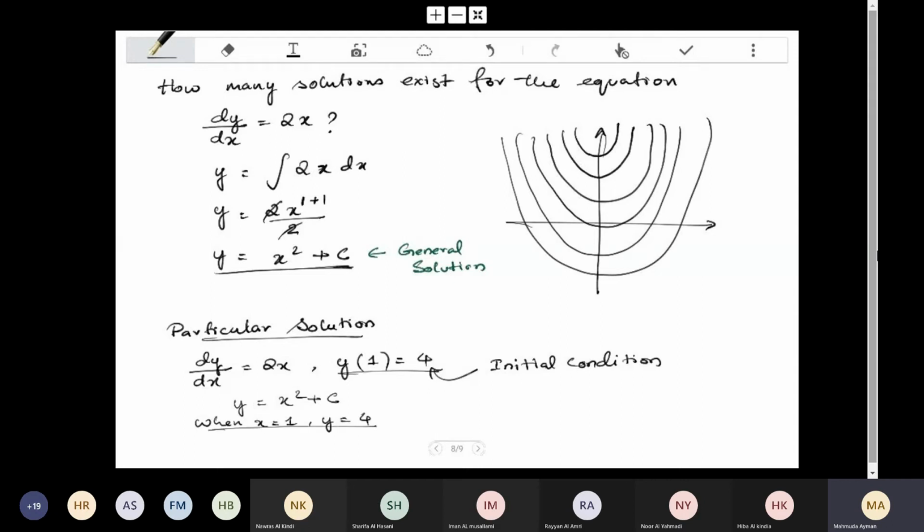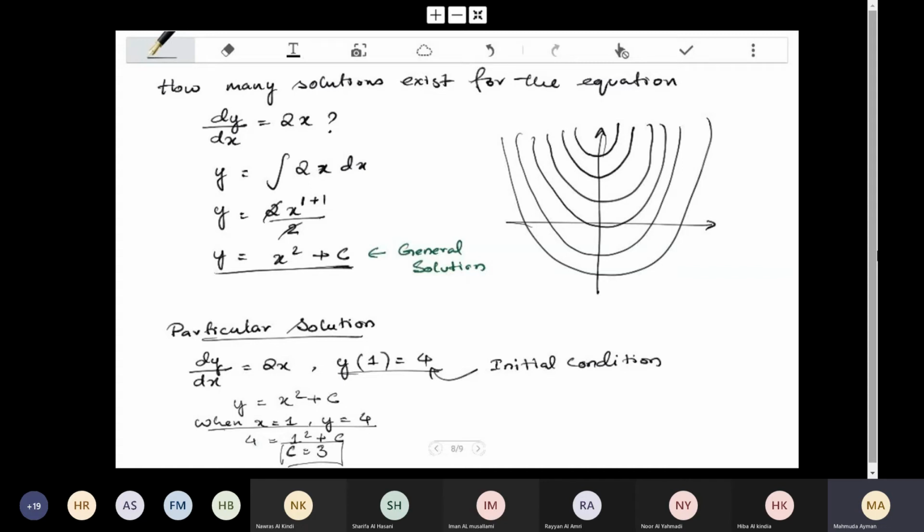We insert this initial condition into our equation, and for y we have the value 4 is equal to 1 squared plus c. So c will be equal to 3 in this case. 1 squared is 1, and if you take it to the other side, it's 4 minus 1, that's 3.